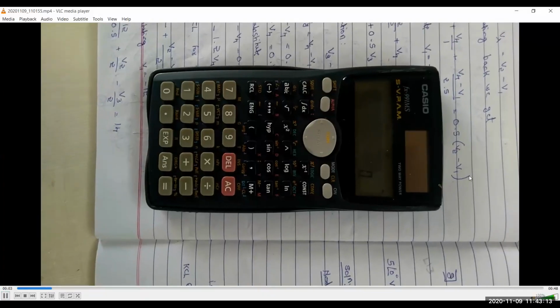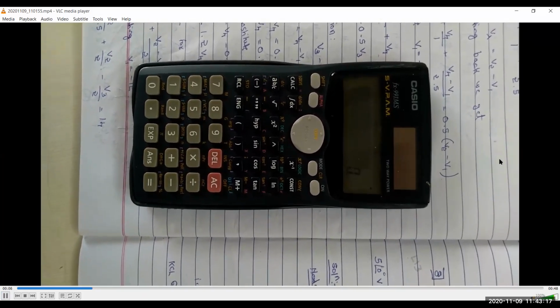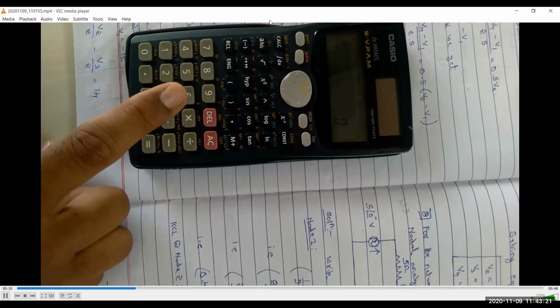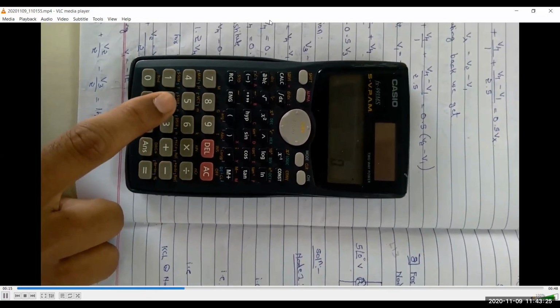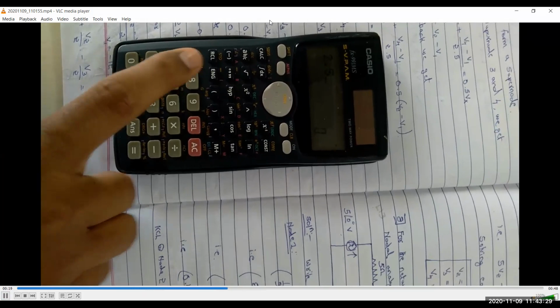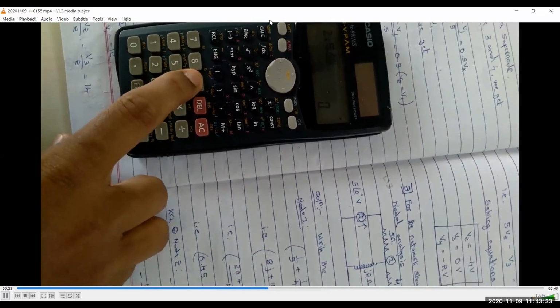Hello. Previously we have seen one example. So now another case, we have 2.5 at an angle 90 degree. So in the same way, first keep the calculator in complex mode and degree mode. Okay, that I have shown already. So directly I will go with this. So 2.5 shift angle. Okay, so the angle is 90.